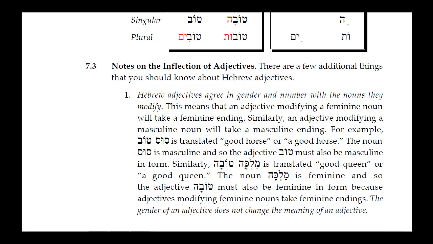The malka is feminine, so the adjective tova must also be feminine in form, because adjectives modifying feminine nouns take feminine endings. Now, notice that the gender of an adjective does not change the meaning of an adjective. It is just showing which noun that adjective is modifying.